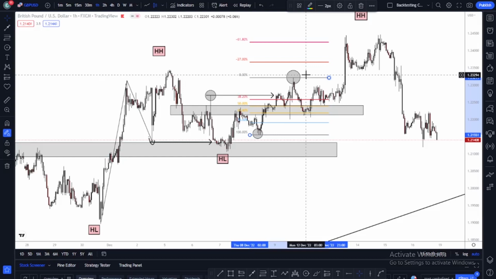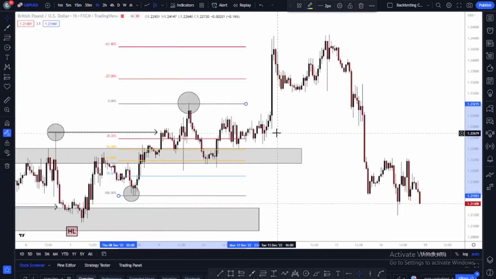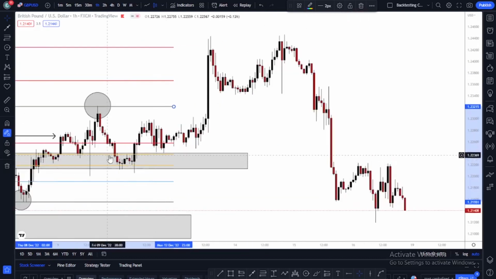So after price came into that zone, what was I looking for? I was looking for a weakness in momentum. When I say weakness in momentum, I mean these short candlesticks right here.